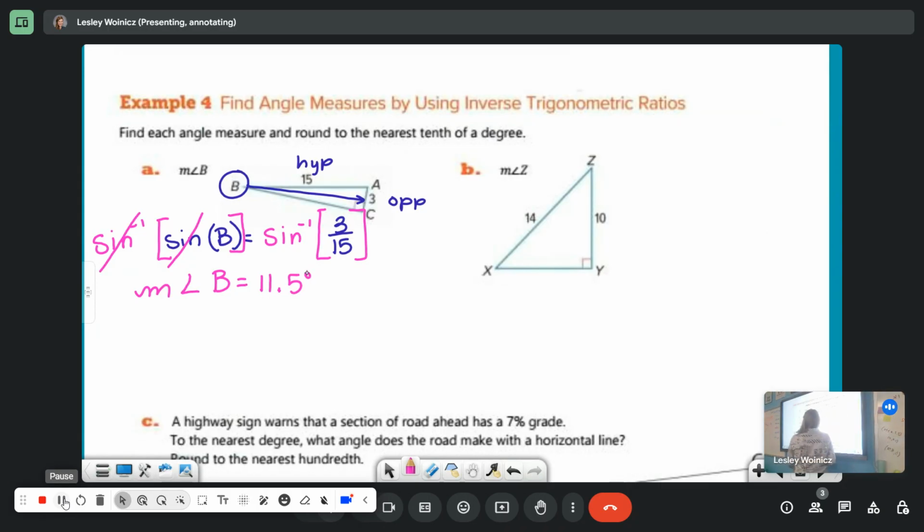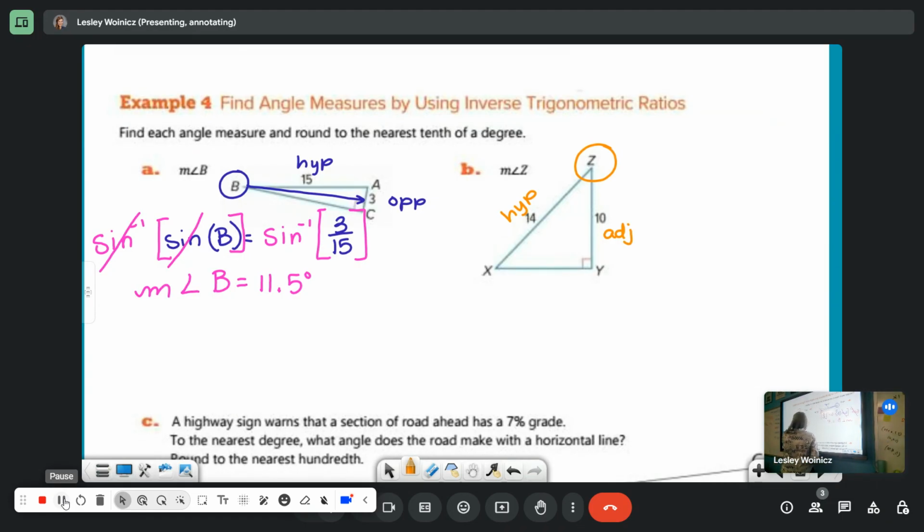All right, this time we're after angle Z. So the hypotenuse is always opposite our right angle. So we have the hypotenuse, and then we don't have the opposite this time, we have the adjacent. So which of our ratios compares adjacent and hypotenuse? Cosine.